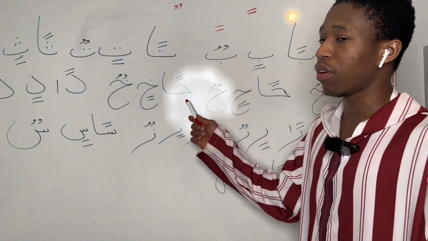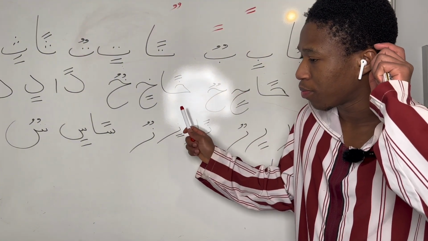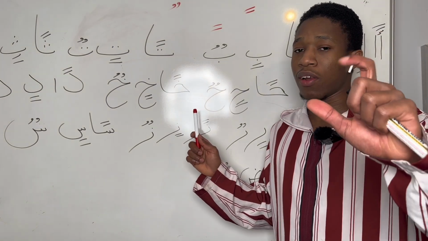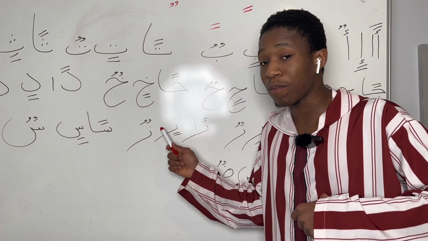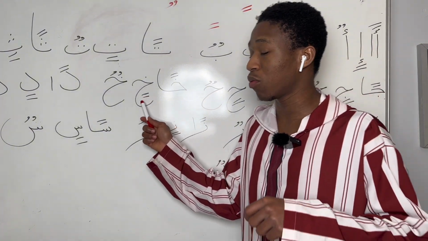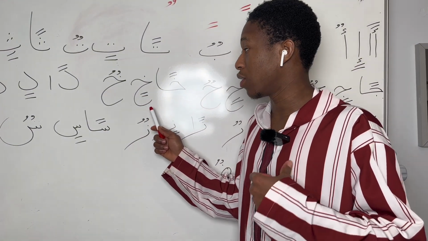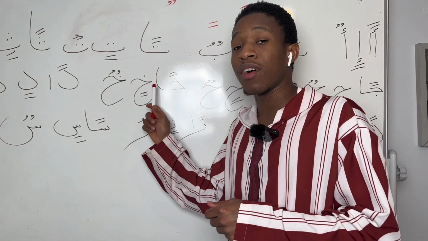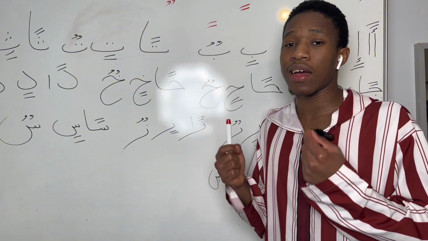Good. Then kha. I want you to try that one, please. Okay, now let me say it. Kha fathatan, khan. Okay, let's move on to the next one. Now it's my turn. Kha kasratan, khin. But before that, the kha fathatan, don't say kha.